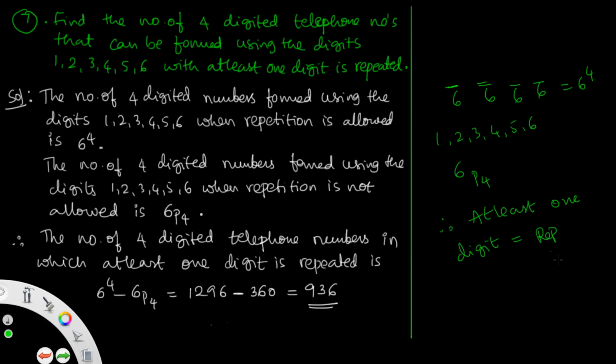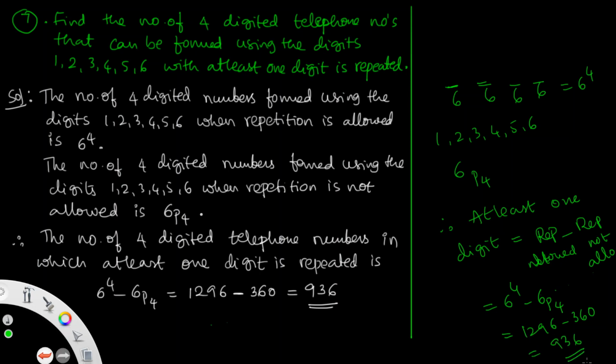So repetitions allowed, minus repetitions not allowed. Then you get 6 power 4 minus 6P4, that is 1296 minus 6P4, which is 360, that is 6 into 5 into 4 into 3. 6 power 4 is 36 into 36. That is 936 ways we can get.